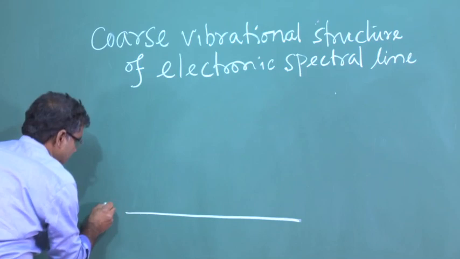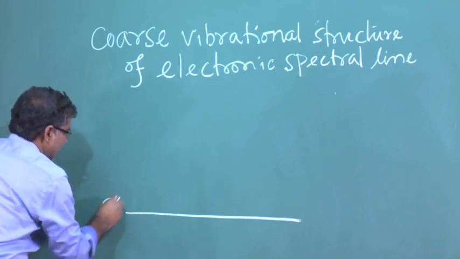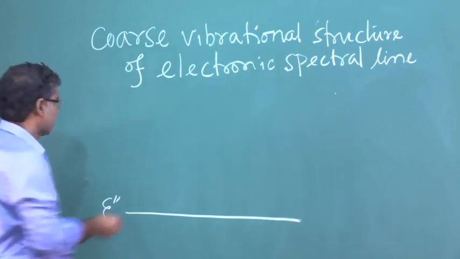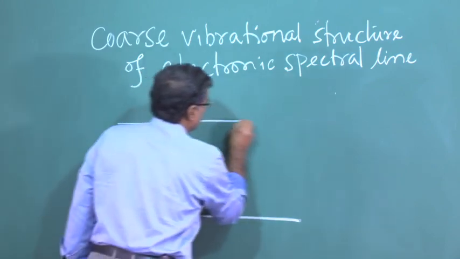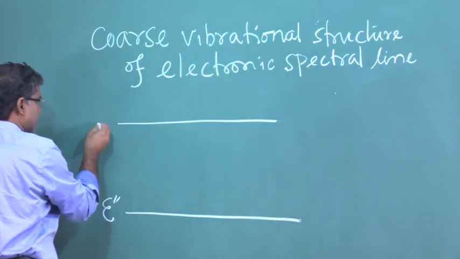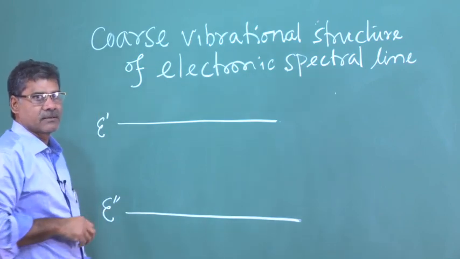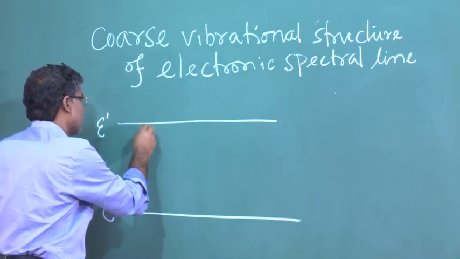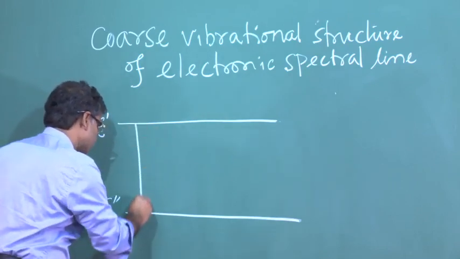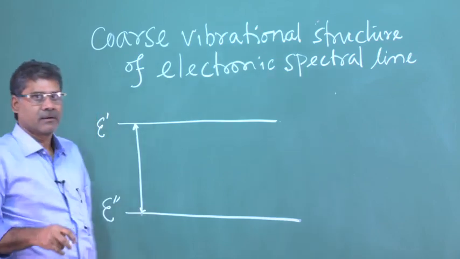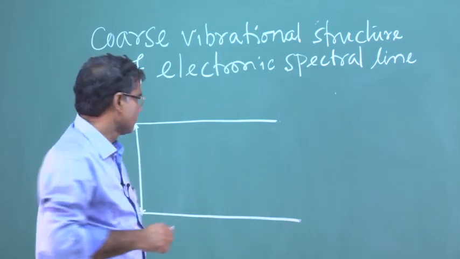there is an electronic state, say with energy E double dash in wave number of course, and another electronic state with energy E dash. So, there will be a transition between these two energy levels, an electronic transition in the molecule.